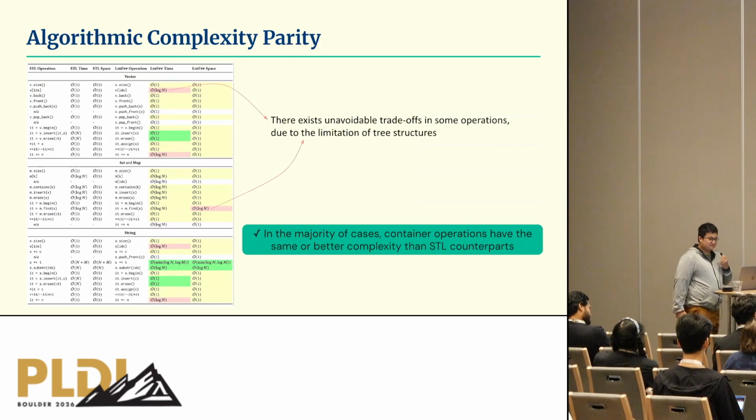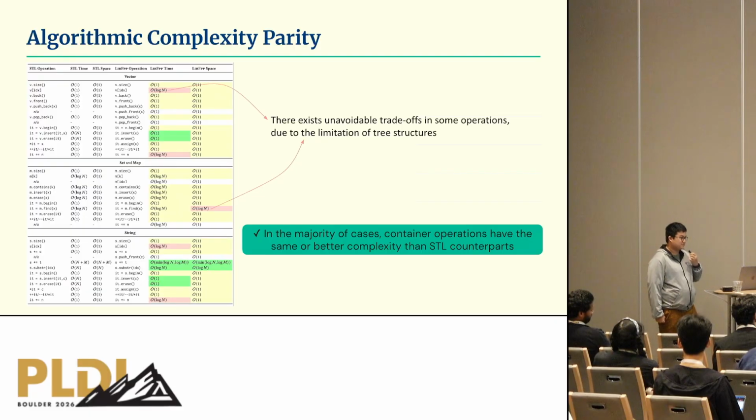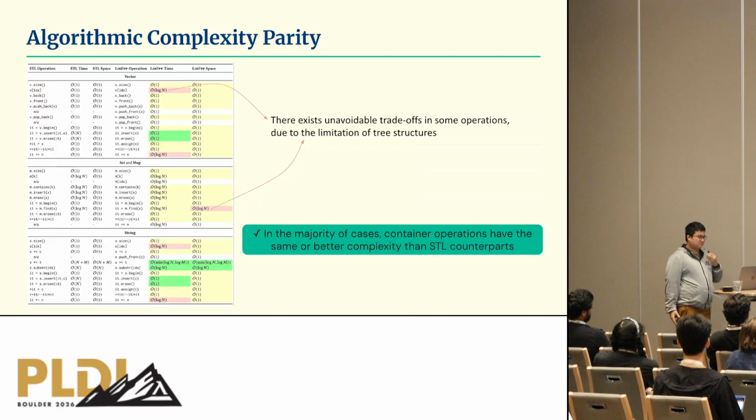Of course, there's no free lunch, and there exists some unavoidable trade-off in some operations just due to the limitation of tree structure. But in general, we think that at most it's a logarithmic time slowdown, and that is very worth it when we weigh it against the various advantages of introducing persistence.